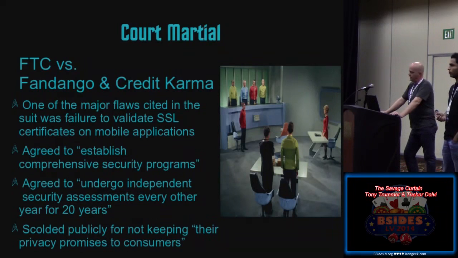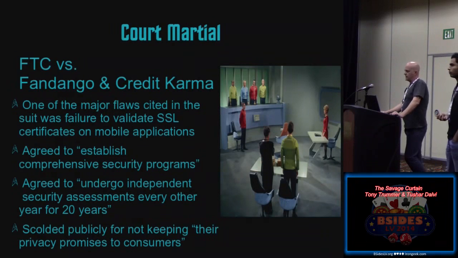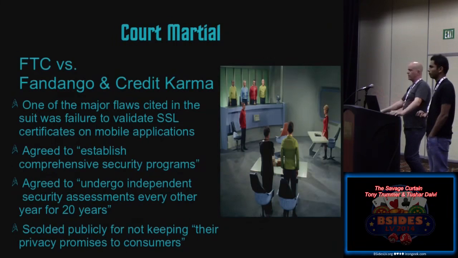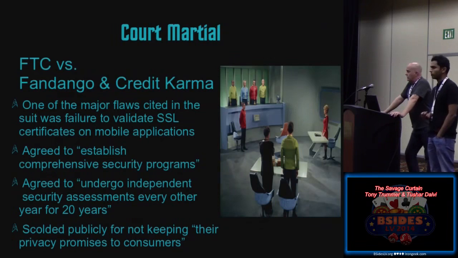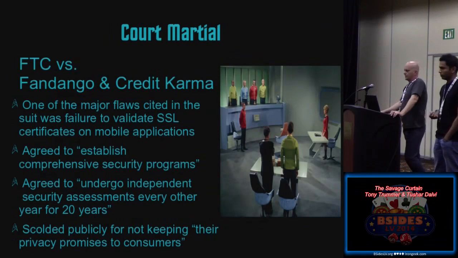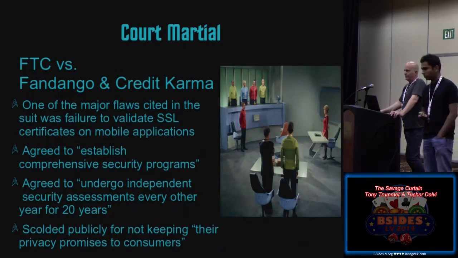And what ended up happening was that the company settled with the FTC, and in addition to being publicly scolded by them for breaking security promises to their customers, they were compelled to institute what was termed comprehensive security programs, which you would think companies should have anyway.